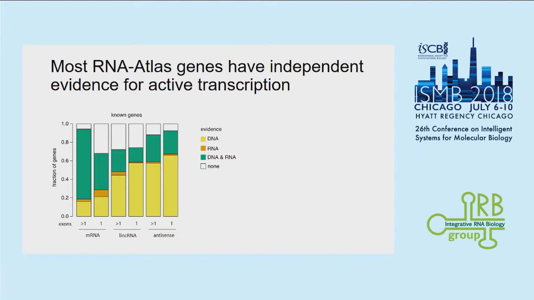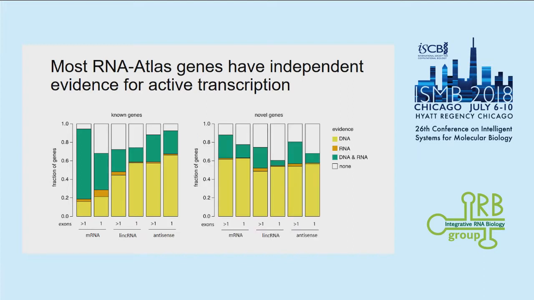and RNA evidence. And as expected, we see that for protein coding genes, the majority of genes have evidence, while the fractions for non-coding RNAs are a bit lower. And for novel genes, the situation is similar.